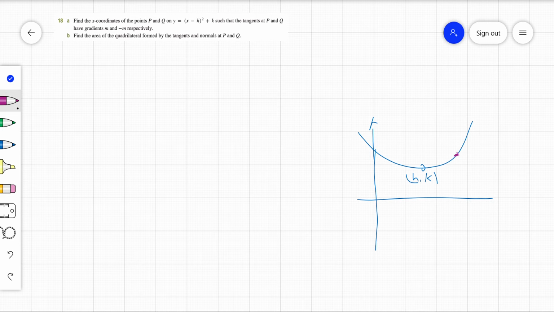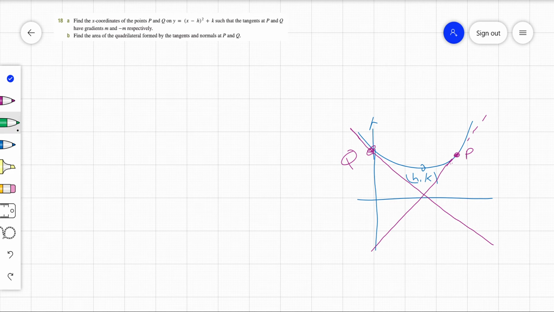So if I make this the tangent, and that's at point P. And then let's make Q something like this. So that's Q. I should have drawn them in line with each other horizontally, but okay.